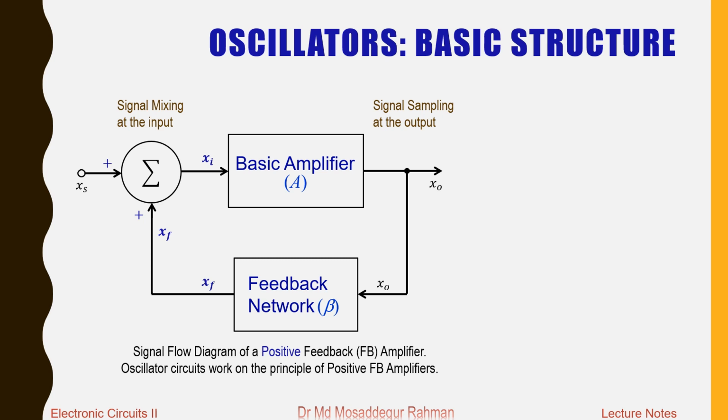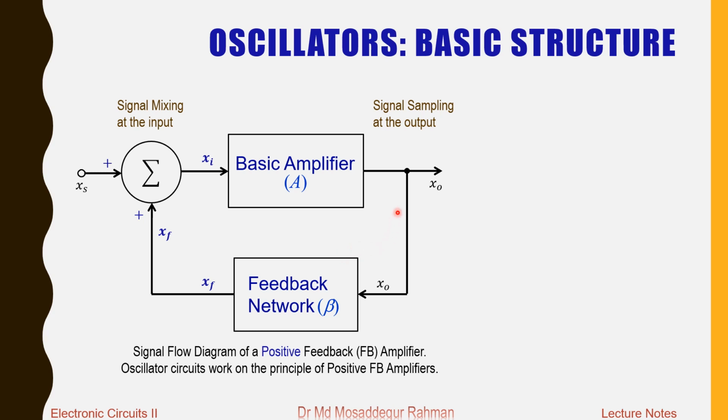The diagram here shows the basic structure that is used for the oscillator circuits. It's the same diagram that we have used for the feedback amplifiers, which has the basic amplifier and a feedback network.